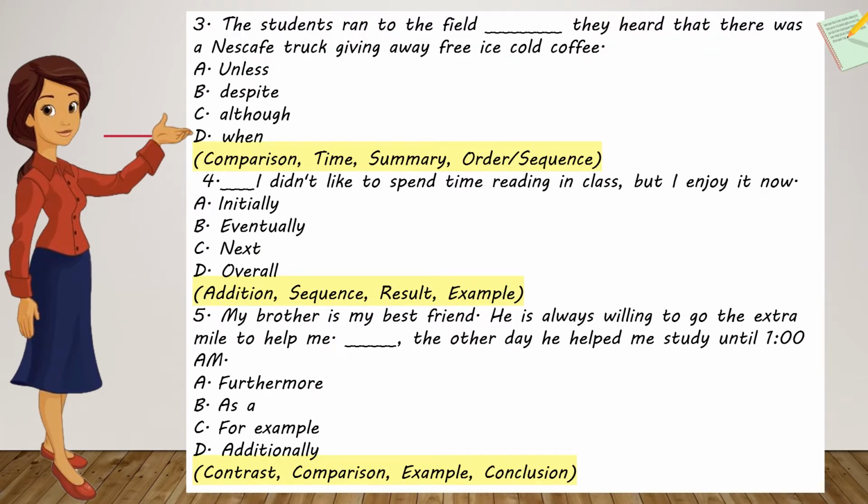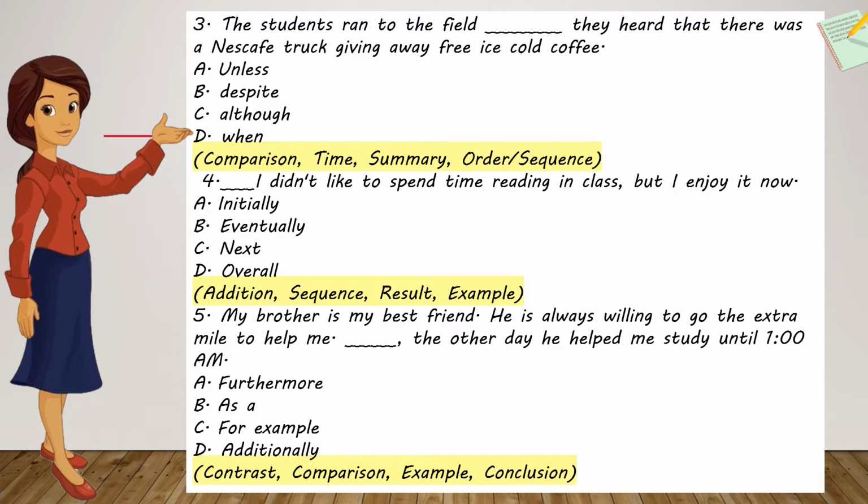Number 3, the students ran to the field. Blank, they heard that there was a food truck giving away free ice cold coffee. Is it unless, despite, although, or when? Number 4, blank, I didn't like to spend time reading in class, but I enjoy it now. A, initially. B, eventually. C, next. D, overall.